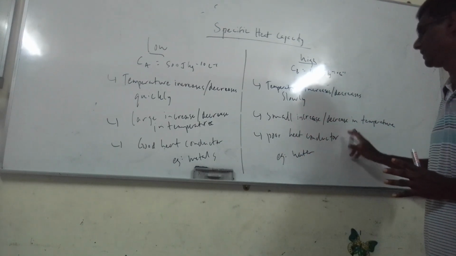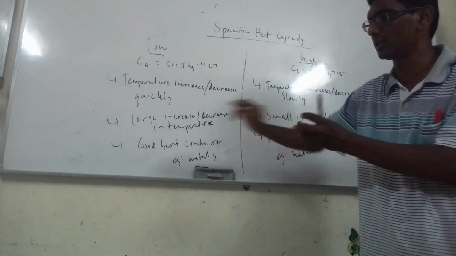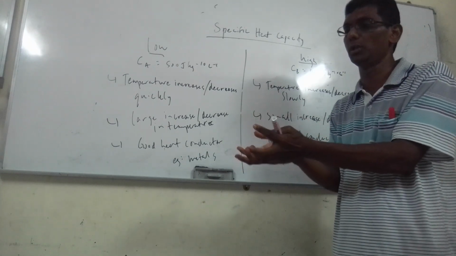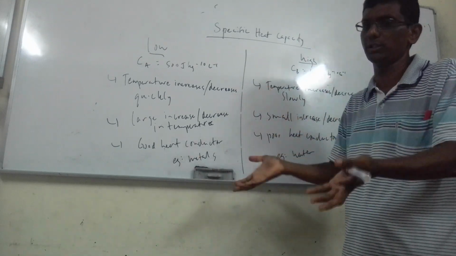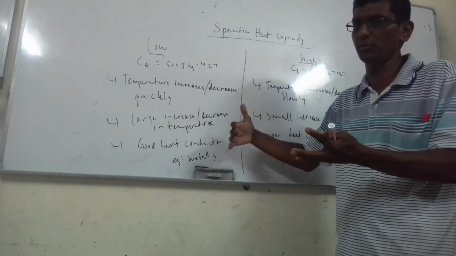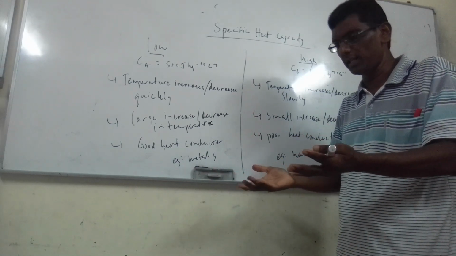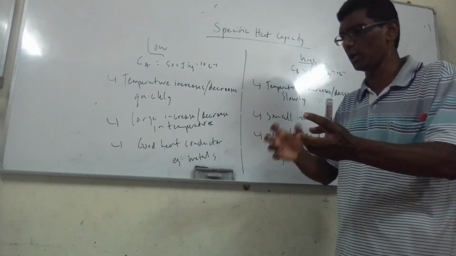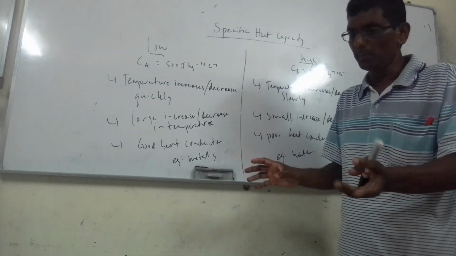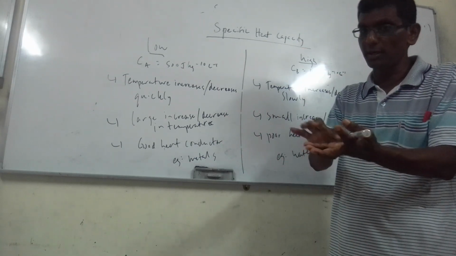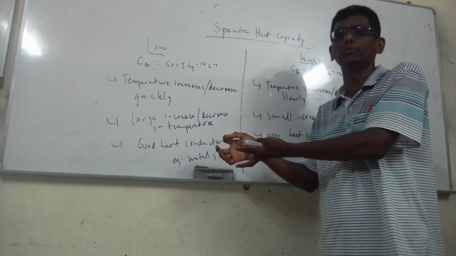It is a very small increase or decrease in temperature, whereas this one is a large increase. If you give the same 500 joule to low specific heat capacity and high specific heat capacity, I will explain this more clearly next class. Let's say object A and object B both receive 500 joule of heat energy, but object A's temperature increases from 20 to 28, while object B's increases from 20 to 22.